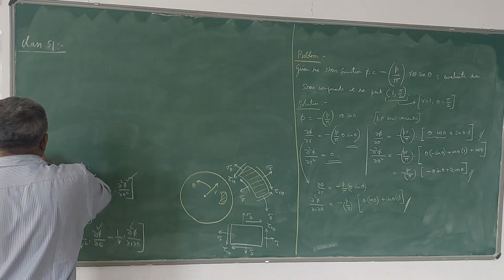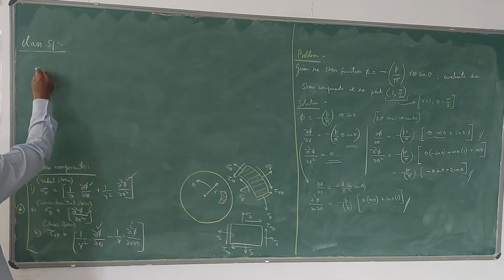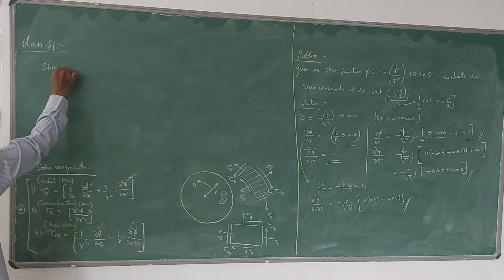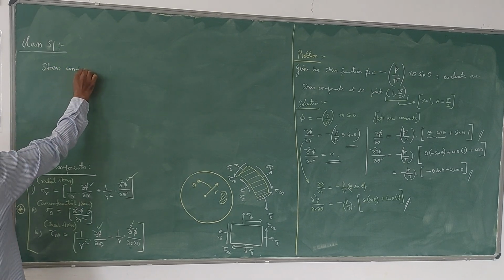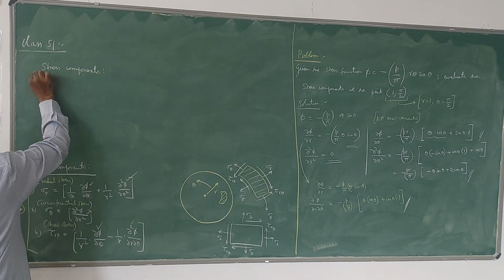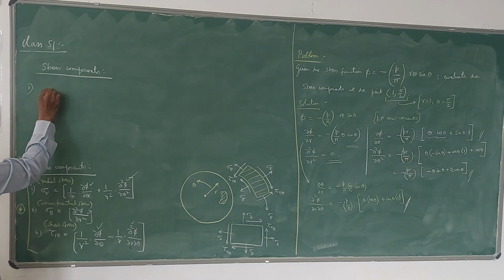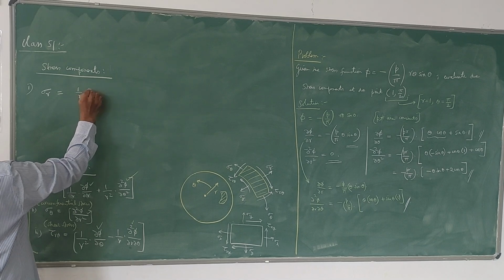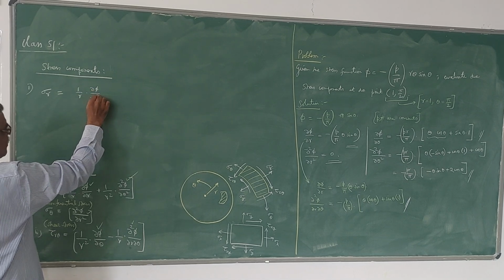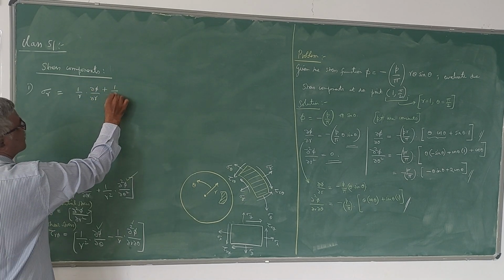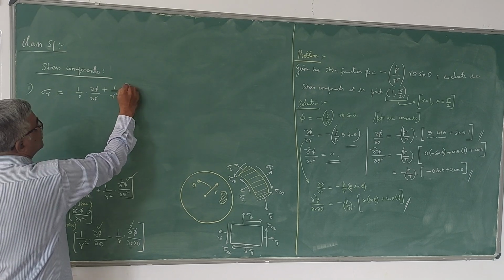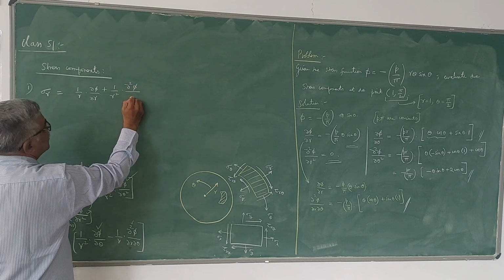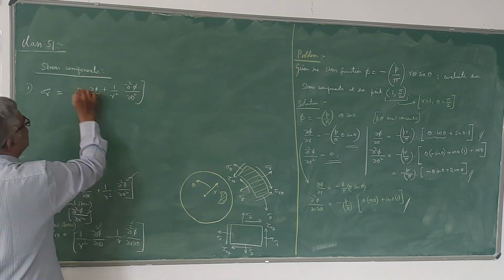So now the stress components are, number 1, sigma r, radial stress: 1 by r into ∂φ/∂r plus 1 by r square into ∂²φ/∂θ². Write down the formula.